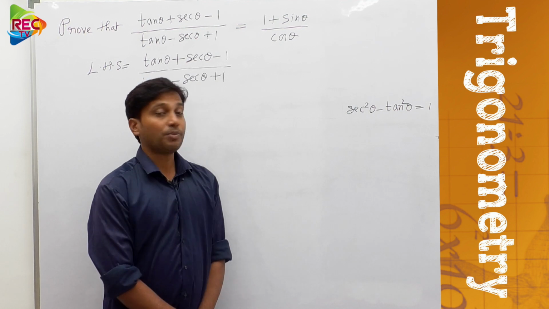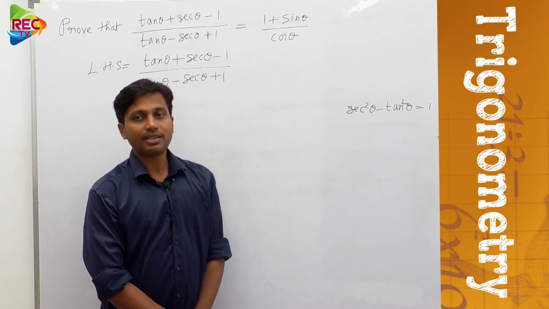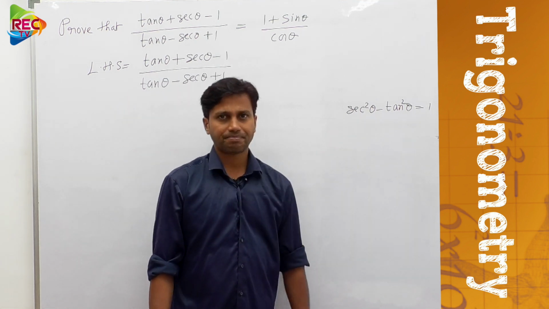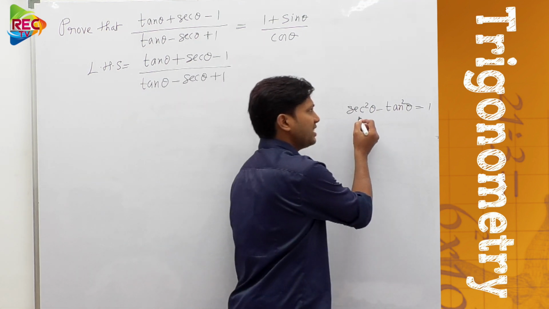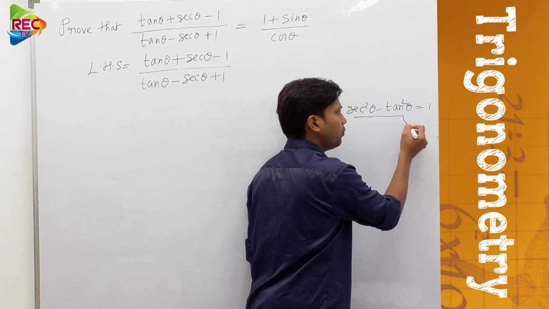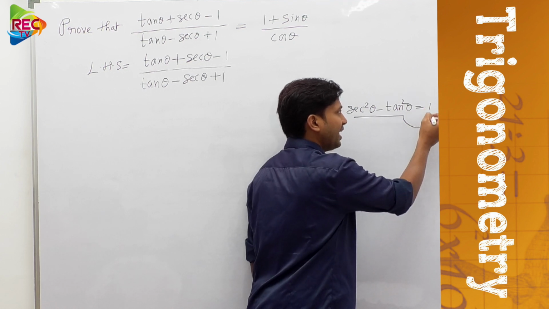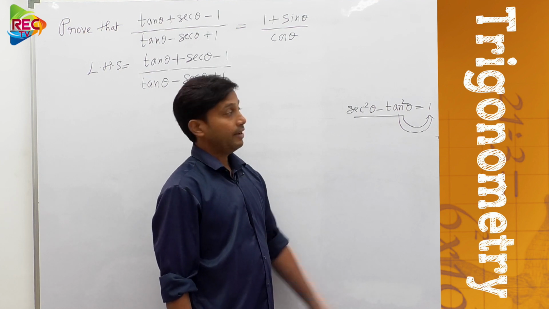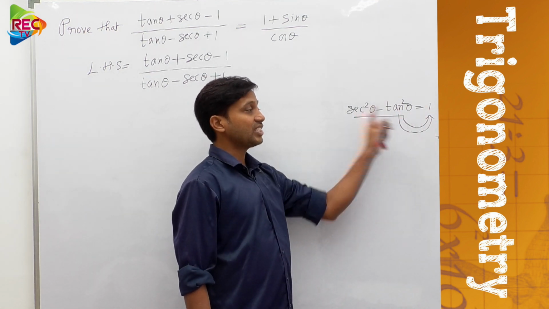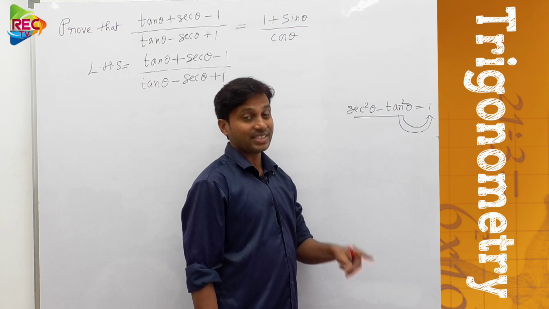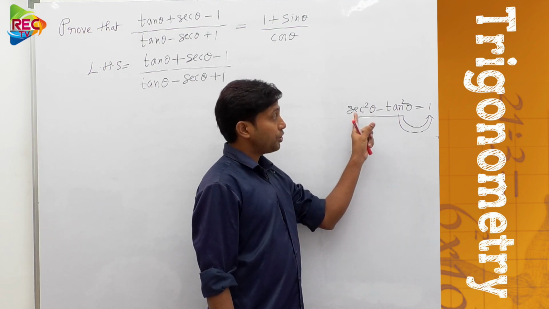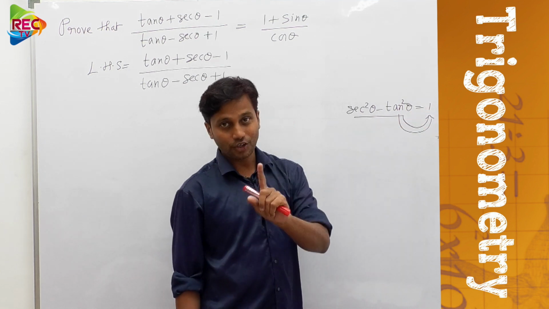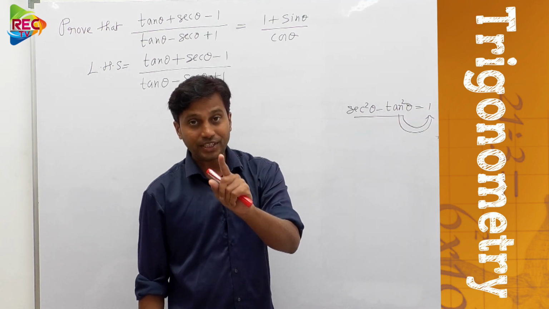Yes, it's a basic trigonometric identity that secant square theta minus tan square theta equals 1. So 1 can be written as secant square theta minus tan square theta, which means we can substitute secant square theta minus tan square theta in place of 1. Got it? Why are we doing that?